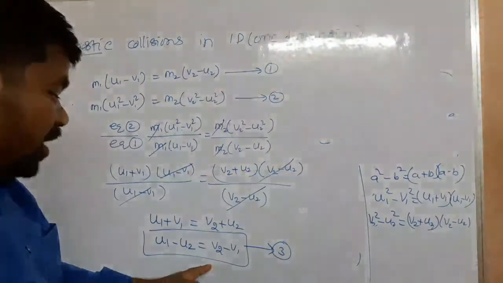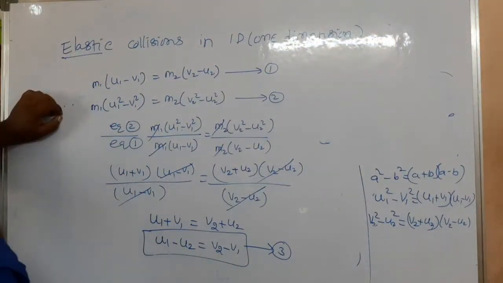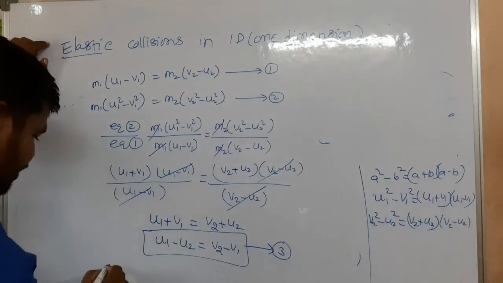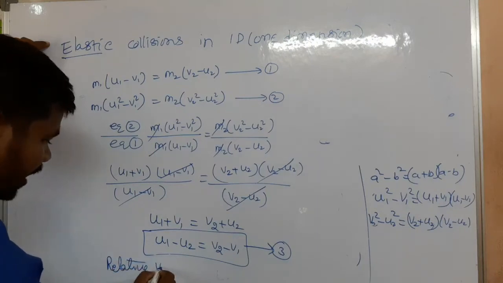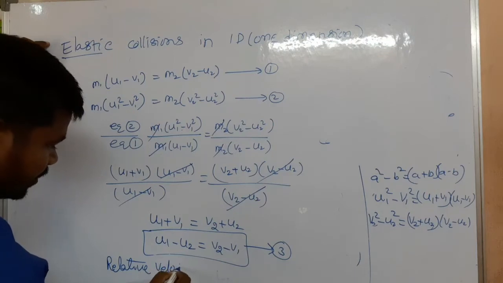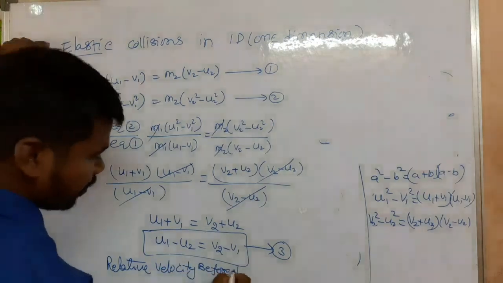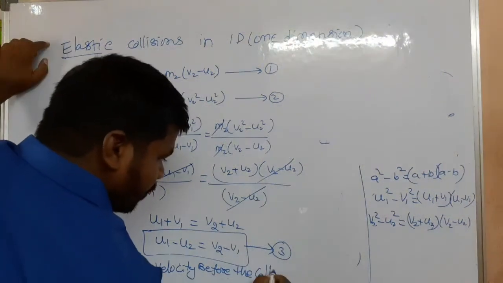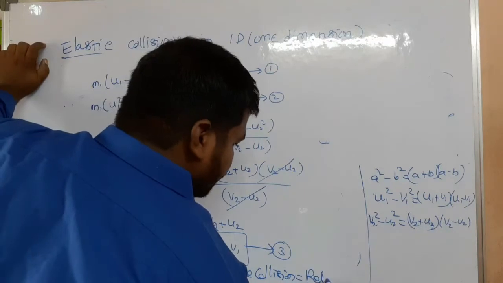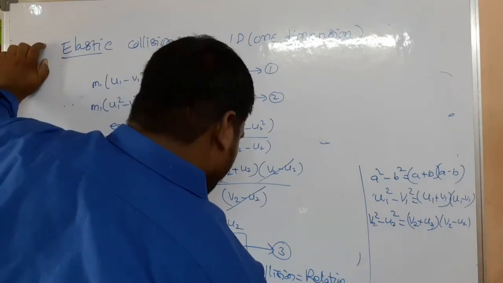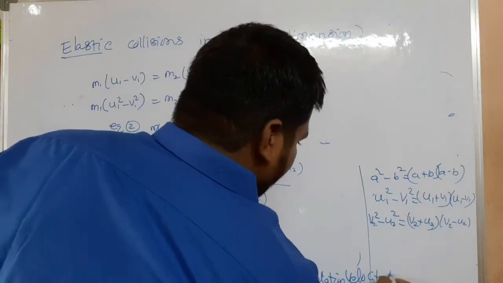So according to this, we can write that the relative velocity before the collision is equal to the relative velocity after the collision.